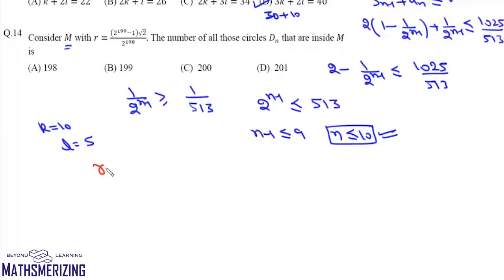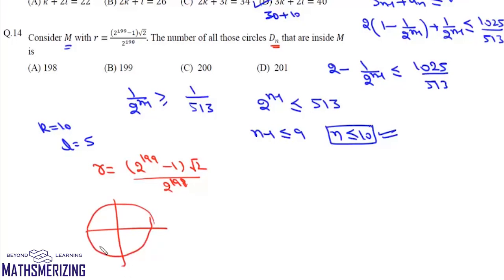Now for the second question, we have this M with radius (2 to the power 199 minus 1) root 2 upon 2 to the power 198, and the number of all those circles D_n that are inside M. Now we have this circle M, and these circles lie along this line x equals y.